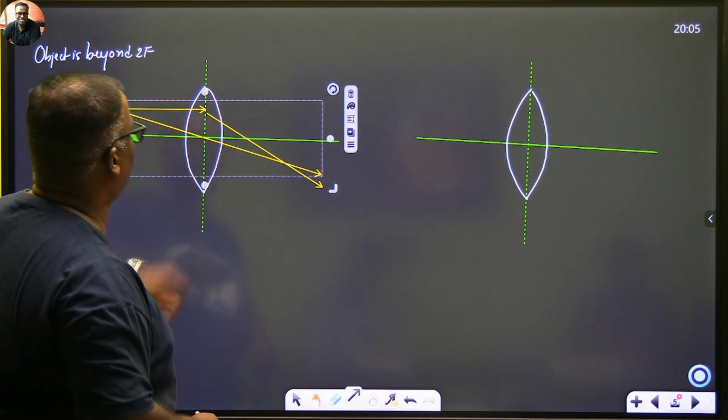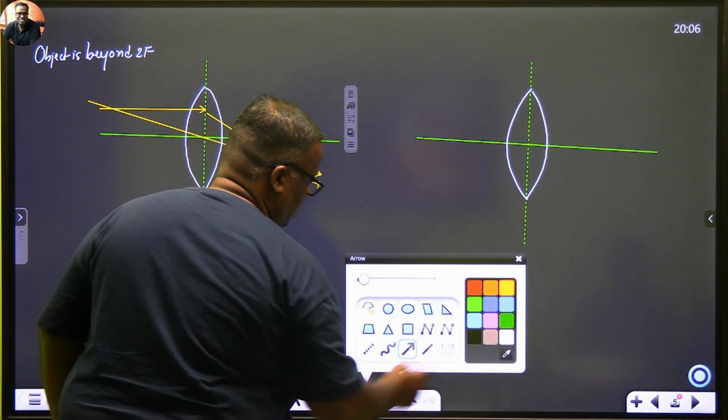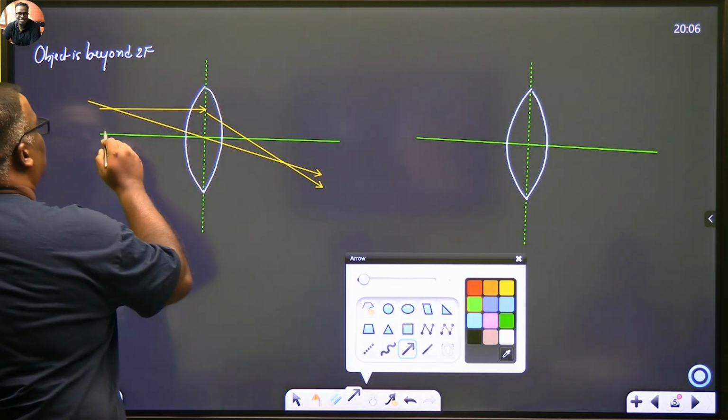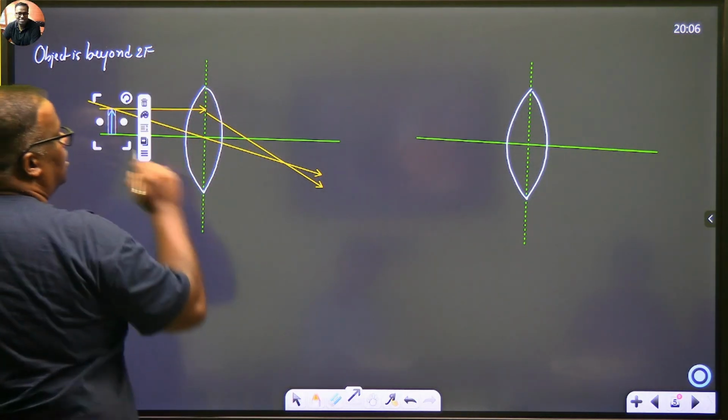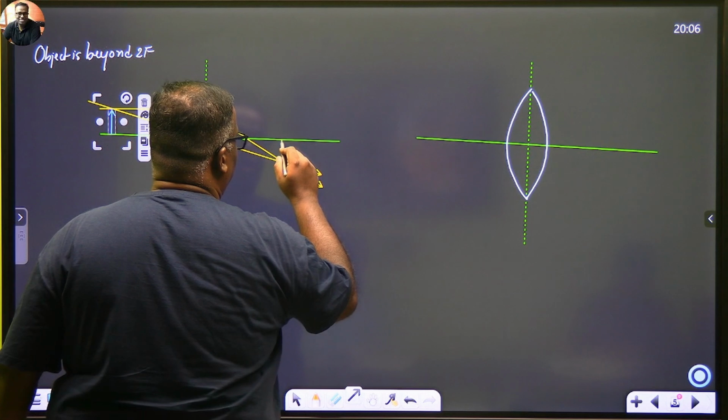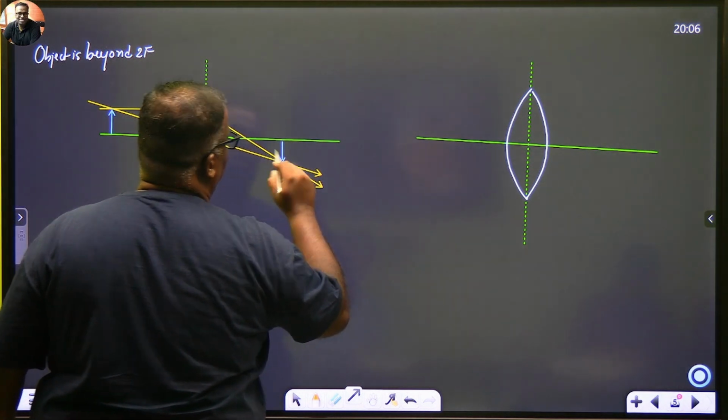Exactly, it has to be smaller. Okay, so that is where you get your image. This image will be smaller. This has to be smaller.